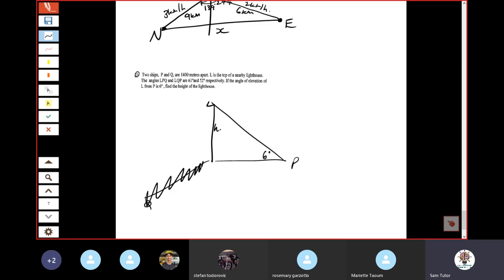Hold on, okay. So that's the height of your lighthouse. The two ships P and Q are 1,400 meters apart. So I'm going to assume Q is there. This would be 1,400 meters. L is the top of the lighthouse. Yep, the angle's LPQ. No, I'm doing something wrong. What am I doing wrong? This is a 3D trig.